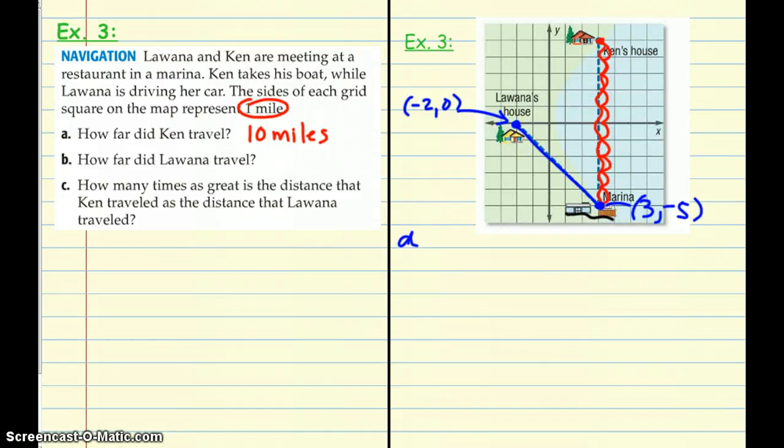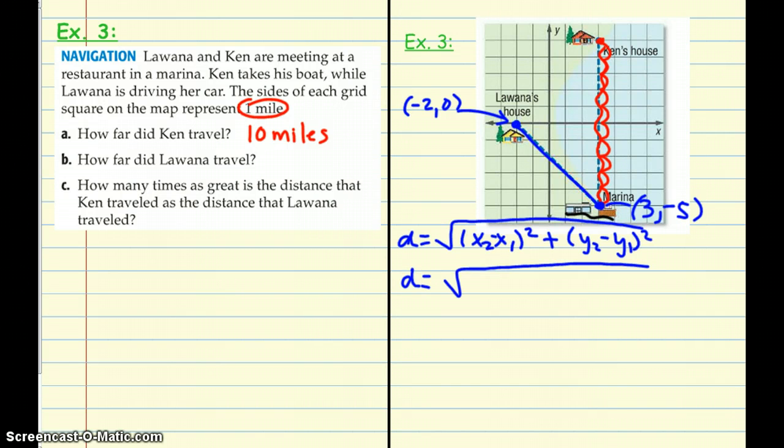So we have d equals, remember we're going to write that formula, the square root of x2 minus x1 squared plus y2 minus y1 squared. It doesn't matter which point we use. So I've got 3 minus negative 2 squared plus negative 5 minus 0 squared.